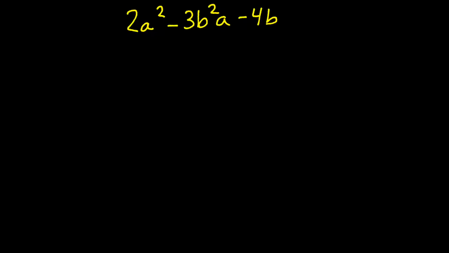Well, hopefully, based on the definition I gave at the beginning of this video, you're shaking your head saying no. And the main reason for that is I have an a and I have a b variable. The fact that I have two variables here tells me it is not going to be a polynomial. A polynomial can only have one variable. So we would just have to say not a polynomial.